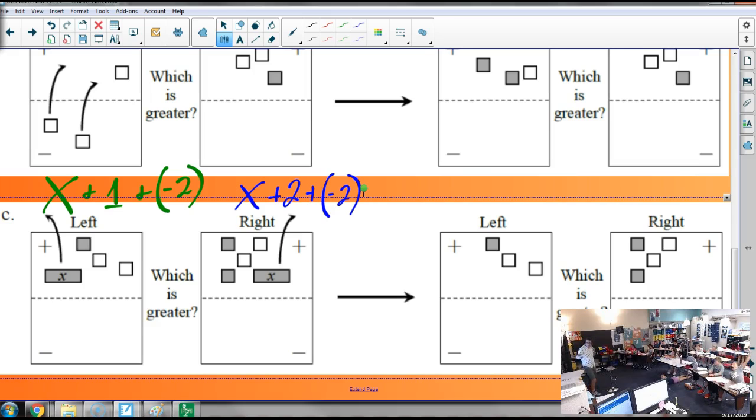Then, what they show us. What did they do to both mats? They took out x from both of the mats. So, we could show this with minus x, minus x. And as long as we do it on both sides, we keep it balanced.